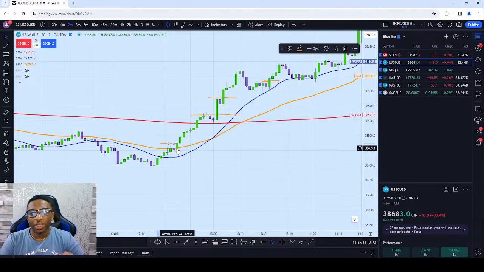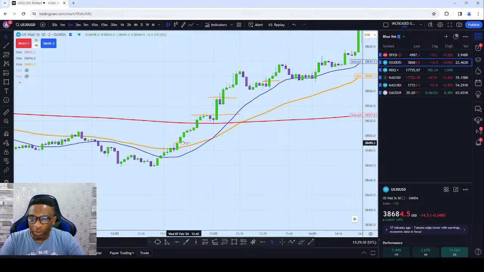If you don't take your trade on that particular candle and take it on the next candle that forms, which is this one, you are entering on a confirmation entry.